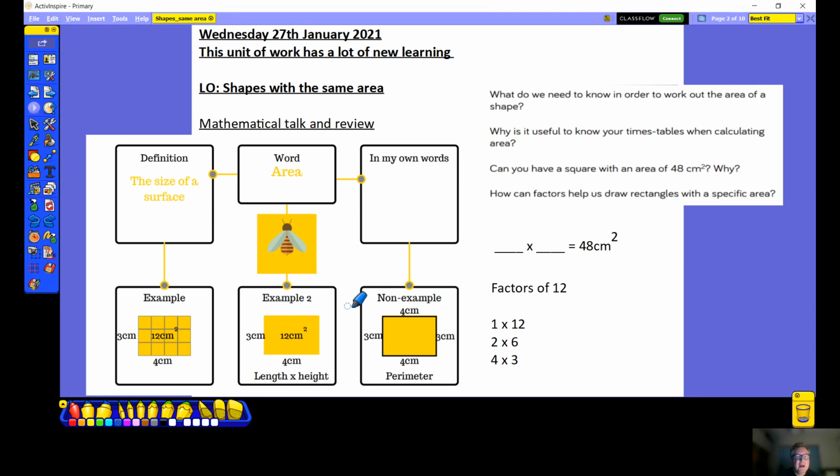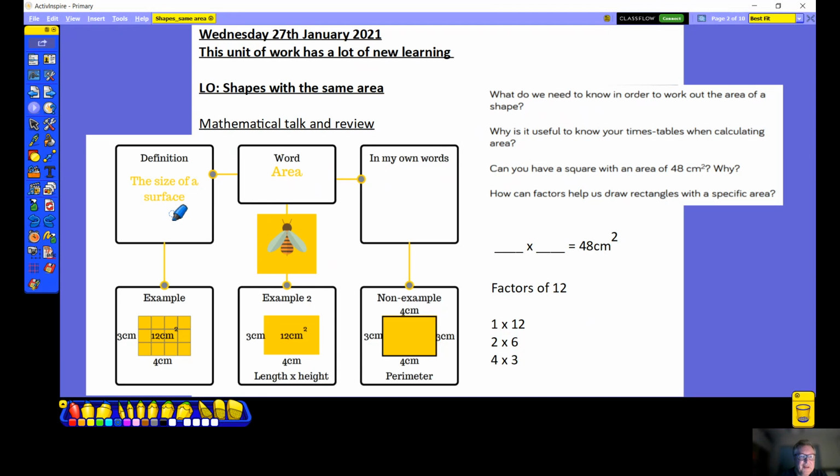This diagram I gave to you yesterday is really useful as part of a review. Let's go through the questions, see how you did, and maybe use this to help. What do we need to know in order to work out the area of a shape? Well, there are a few things I think we need to know. We need to know that the area is the size of a surface.